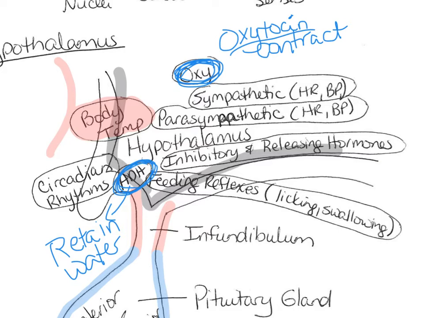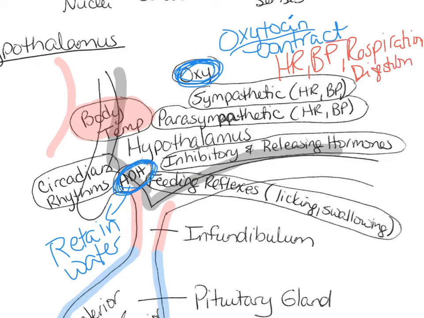Autonomic functions are going to be things like heart rate, blood pressure, respiration, digestion. Which sounds a lot like your autonomic nervous system, doesn't it?